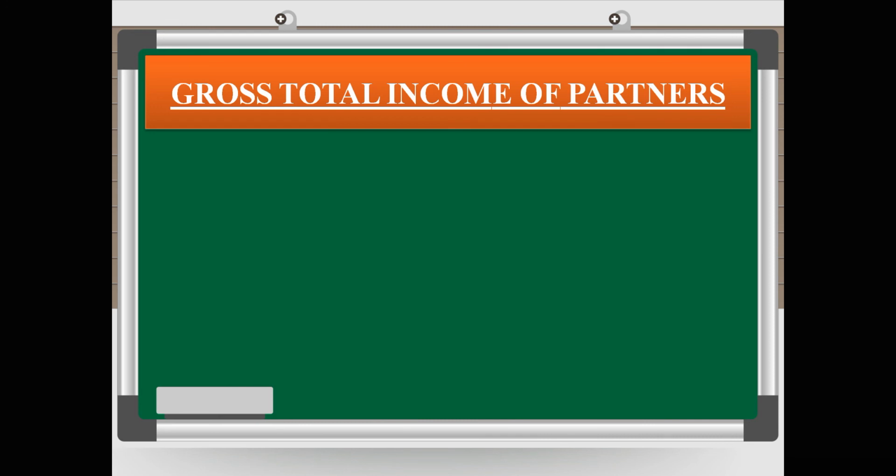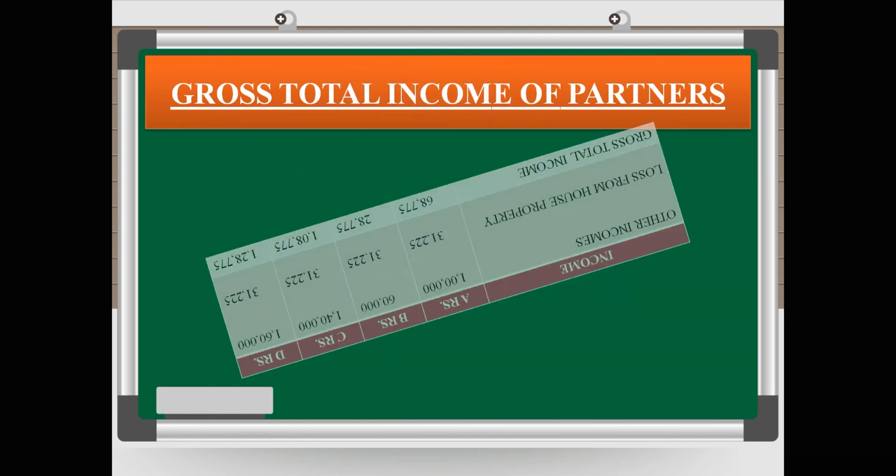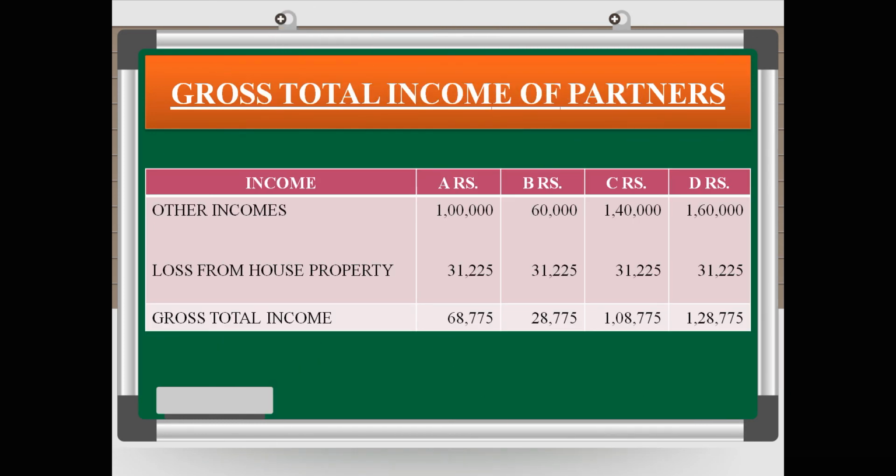We will prepare a table having columns for A, B, C and D. Other incomes are already given to us. We adjust the house property loss with those other incomes. So the table is made like this.